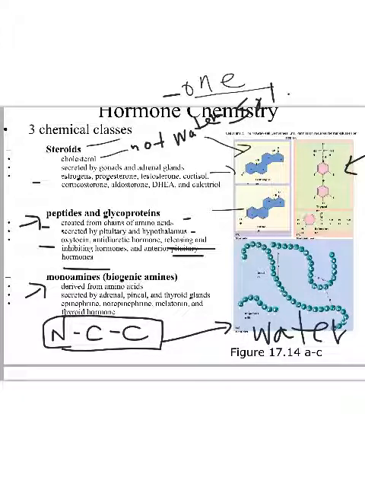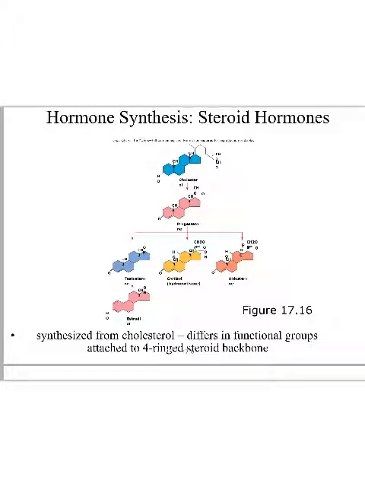They come from the adrenal gland, the pineal gland, and some things from the thyroid gland, like thyroid hormone. Thyroid hormone has iodines on it, which we'll talk about in a minute. So those are the three classifications I want you to be familiar with.